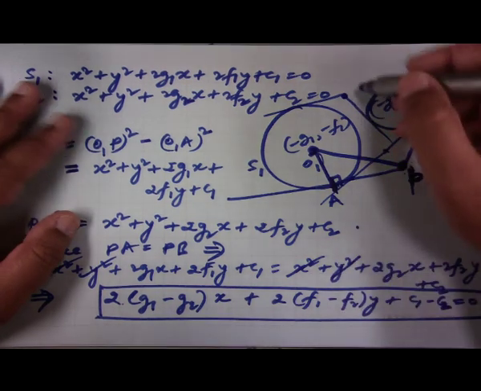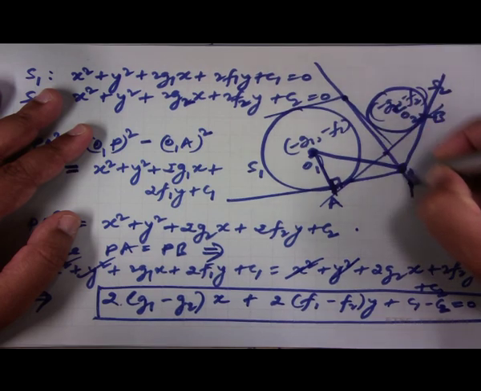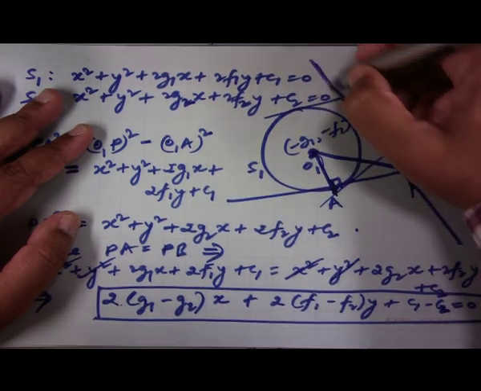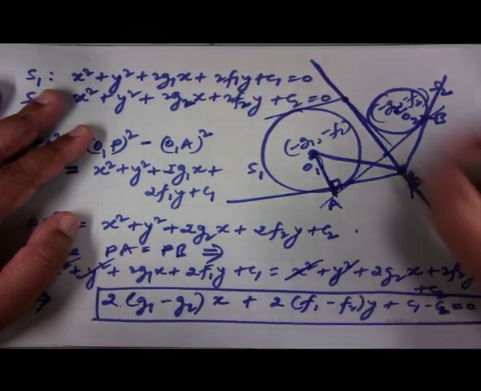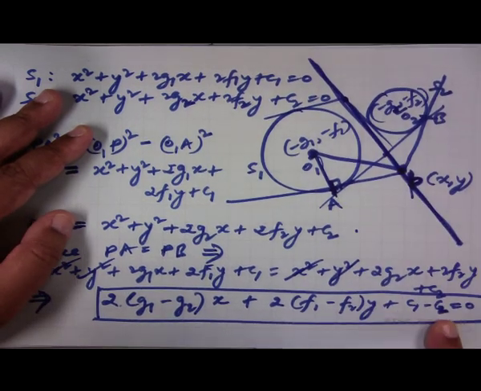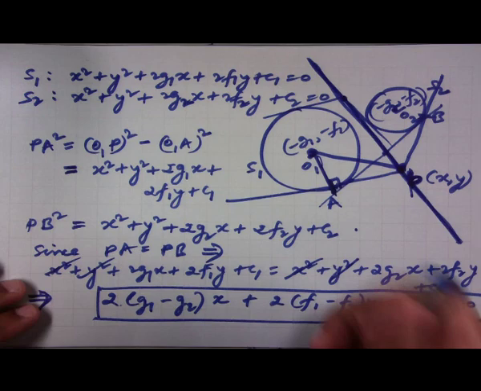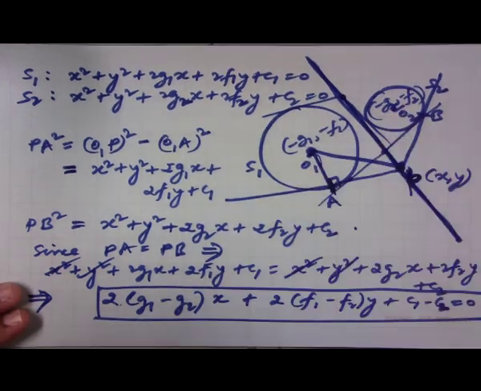So, there will be infinitely many such points, and if we join all these points, we will get this straight line, whose equation is this, and this straight line is called the radical axis of these two circles.